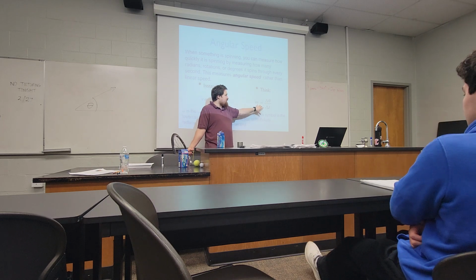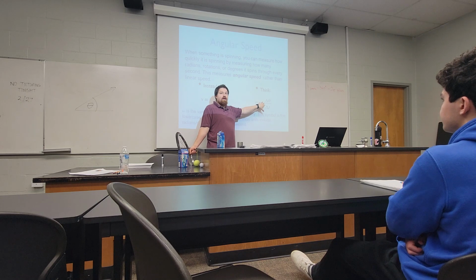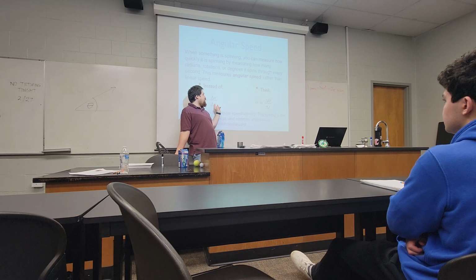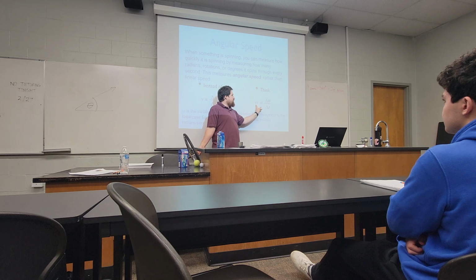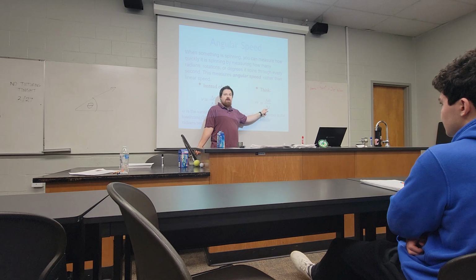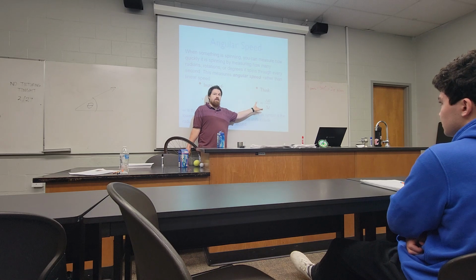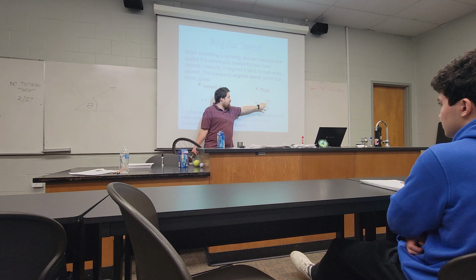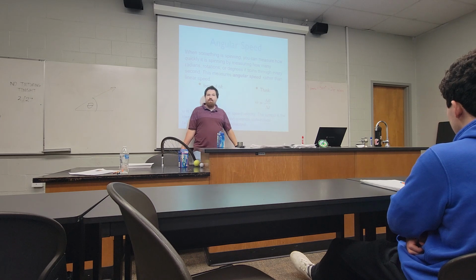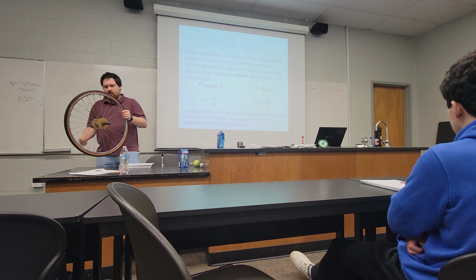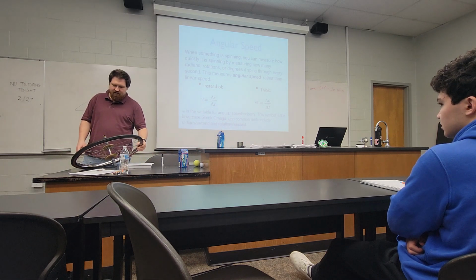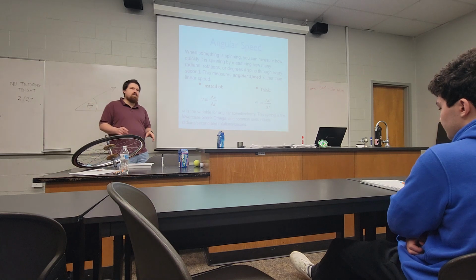Angular velocity and speed work the same way, except instead of how many meters forward you move in a second, angular speed is measured in how much you rotate per second. And again, your car's RPM meter is measuring this. It's measuring rotations per minute. So RPM is a measurement of angular speed, rotations per minute.